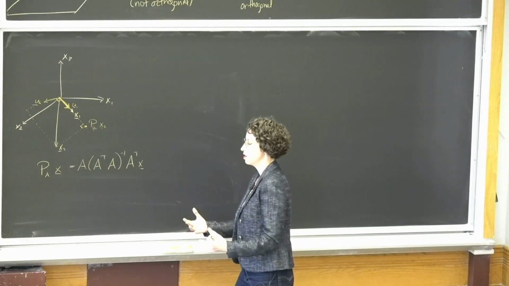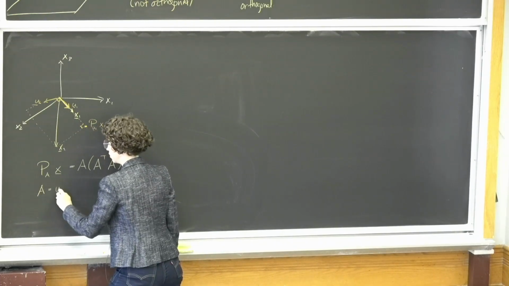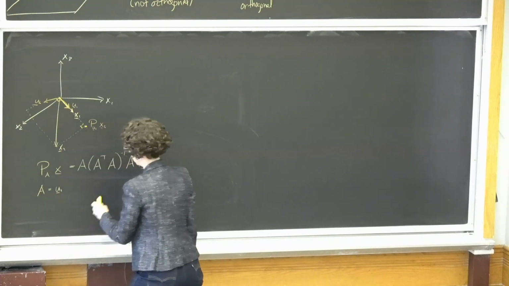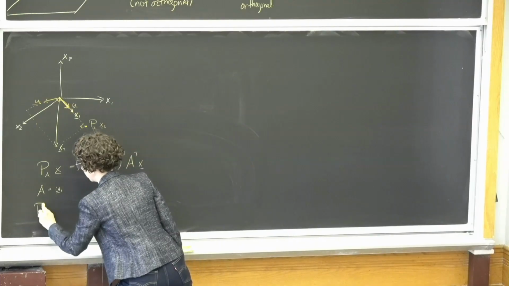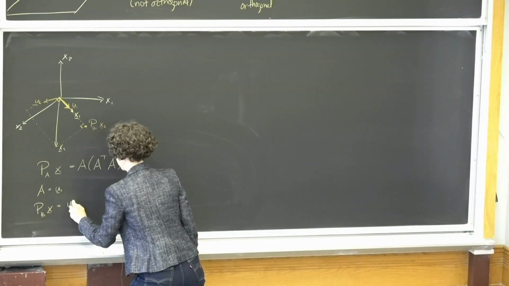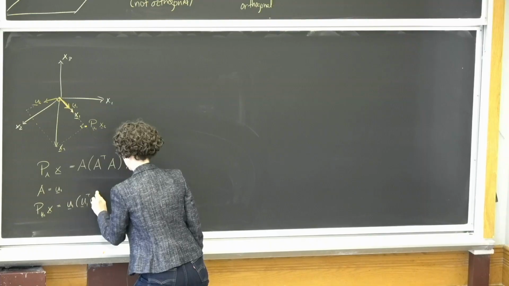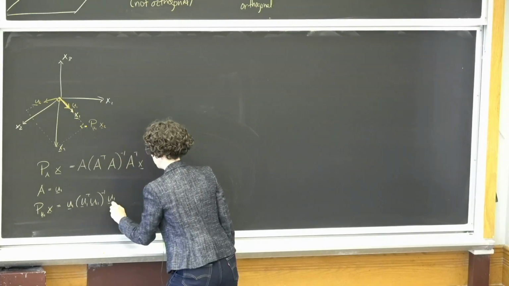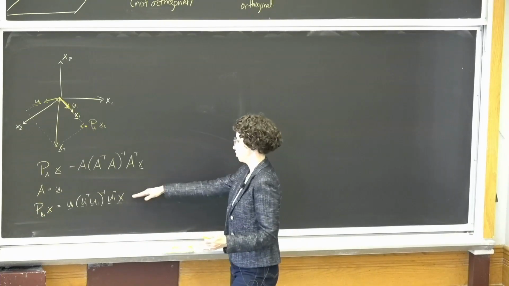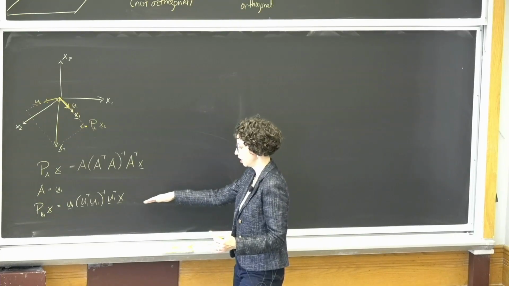Now we're talking about a special case where this matrix A is simply a single vector U1. So now we just plug U1 into this formula, and P U1 of X is simply equal to U1 times (U1 transpose U1) inverse times U1 transpose X. This is just a direct variable substitution. Nothing exciting going on.